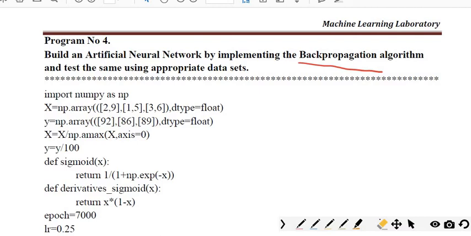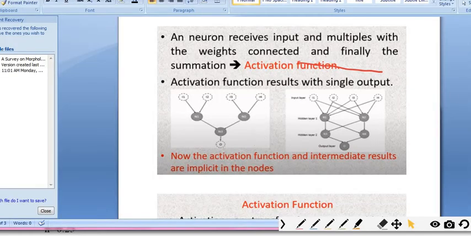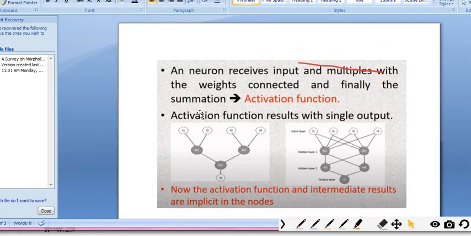We already know what an artificial neural network is, so let us have a brief discussion of the important things in it. An artificial neural network is nothing but a set of neurons, which contains n number of neurons and an output neuron.